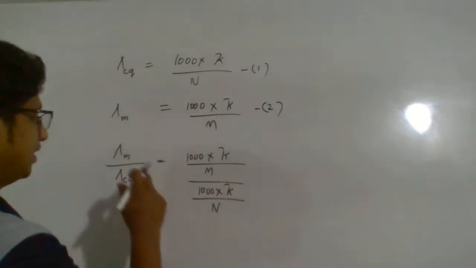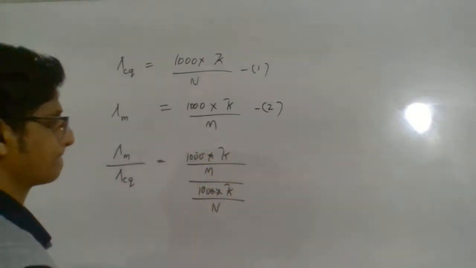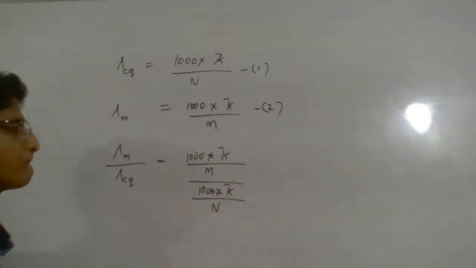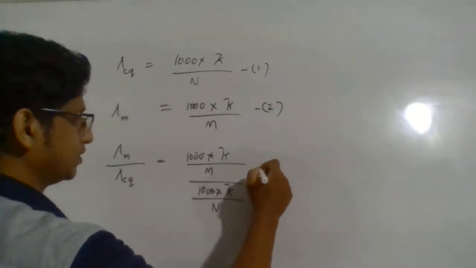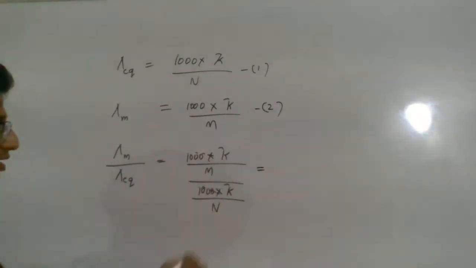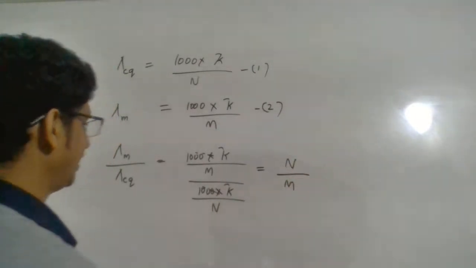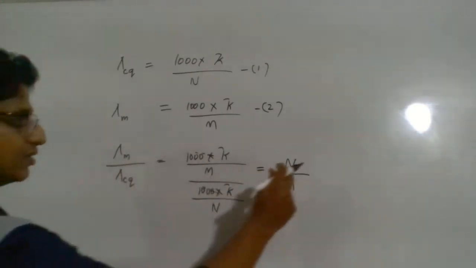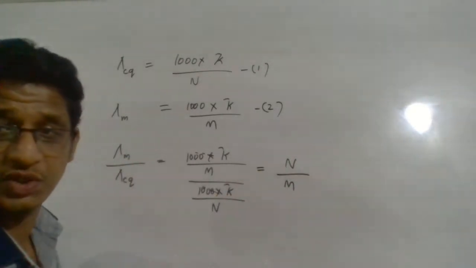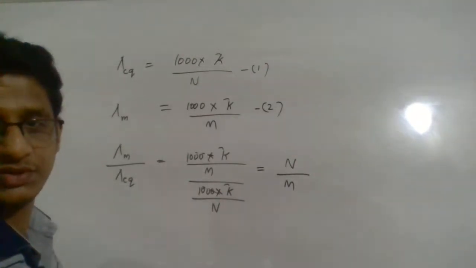This part will cancel, and normality divided by molarity will come up. So lambda m divided by lambda equivalent is equal to N by M, where N stands for normality of the solution and M stands for molarity of the solution.